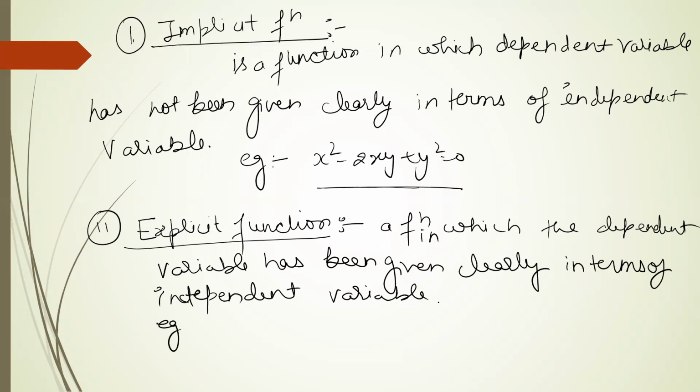For example, y equals to f of x. So here your example is basically of the form f of x, y equals to 0. Here y equals to f of x.